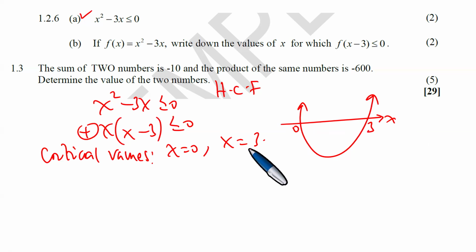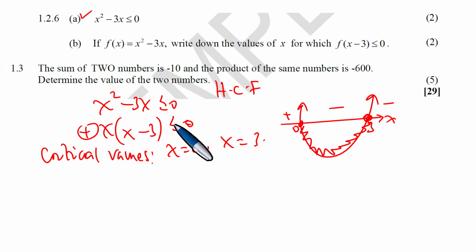Right, so you continue. Now if you say this is less than or equal to 0, it is equal to 0 here, but less than 0 when you are at the bottom here. So in other words, we can see that the graph is positive here, it is negative here, and the graph is positive there.